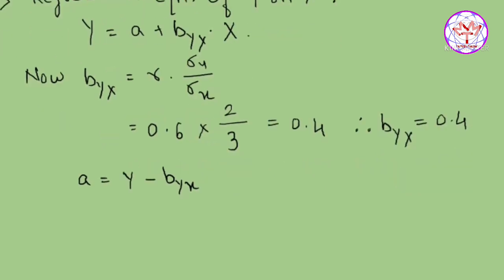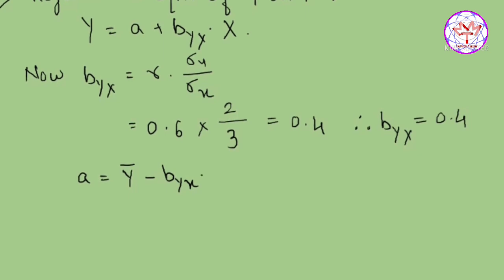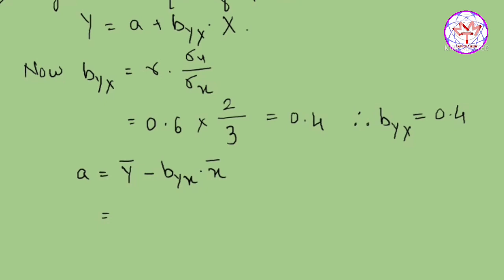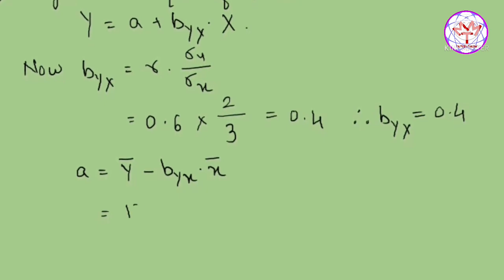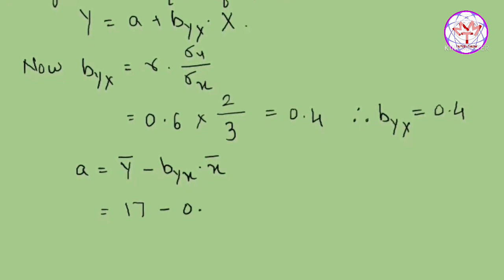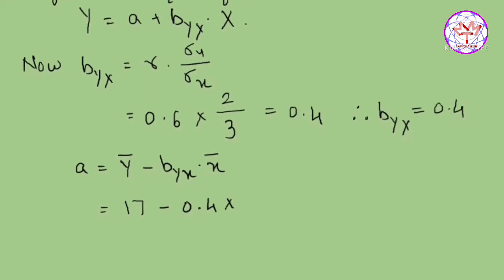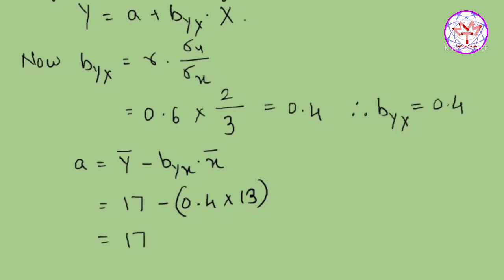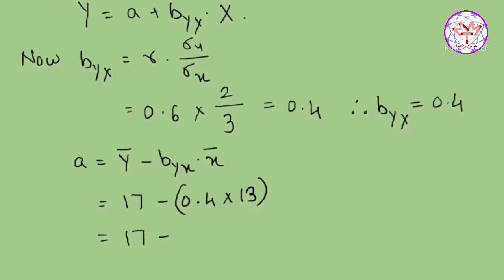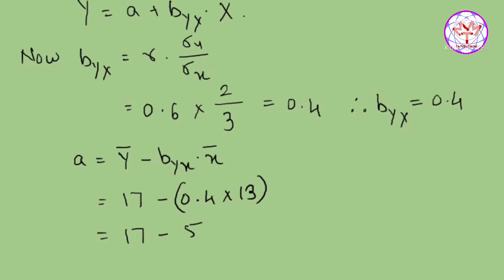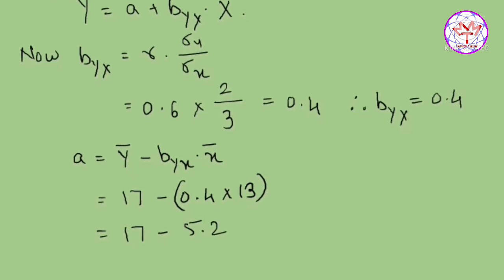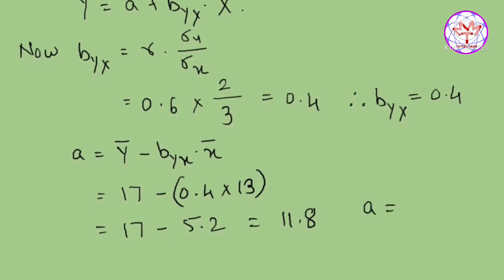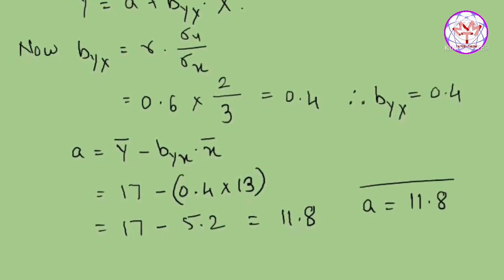A is equal to y bar minus byx into x bar. So we get y bar is 17 minus byx 0.4 into x bar. X bar is 13. So we get 17 minus 13 4s are 52. So 0.4 into 13 will be 5.2. So that is equal to 11.8. So we got a is equal to 11.8.